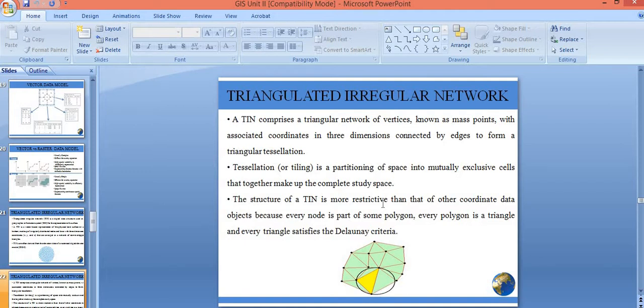I will repeat the point once again, students. In that layer, whichever you are going to use for storing the elevation detail, you have to construct random points. After identifying the random points, you have to form a triangle using any 3 points. After forming the triangles, you have to draw the circle over all the triangles.